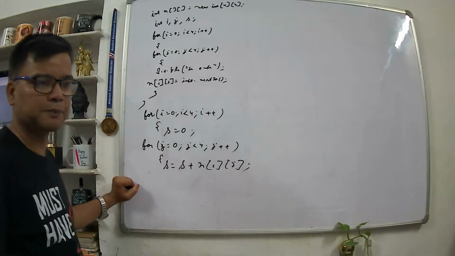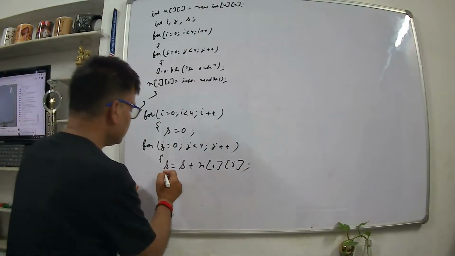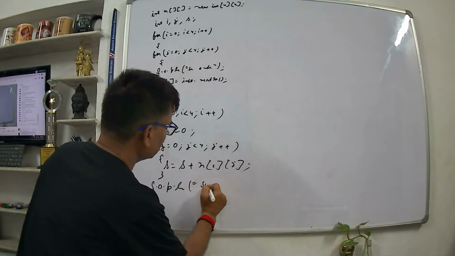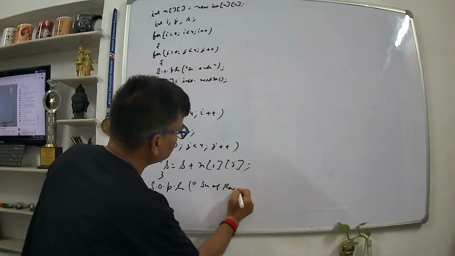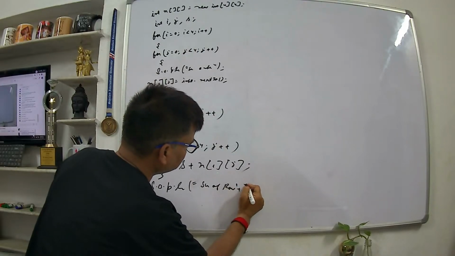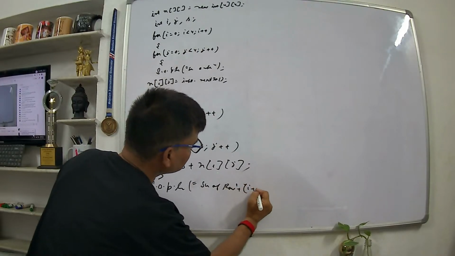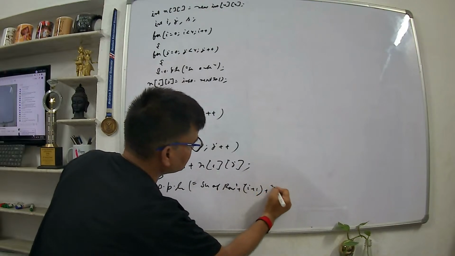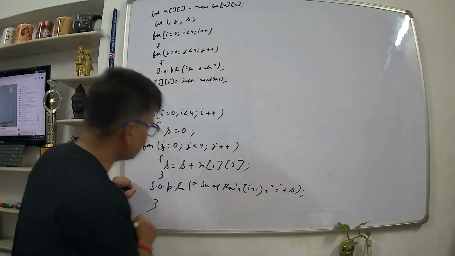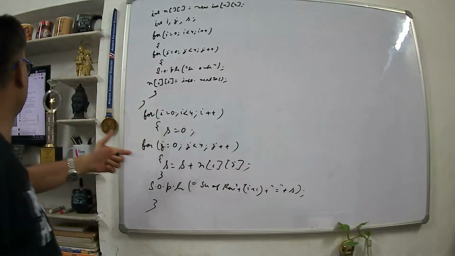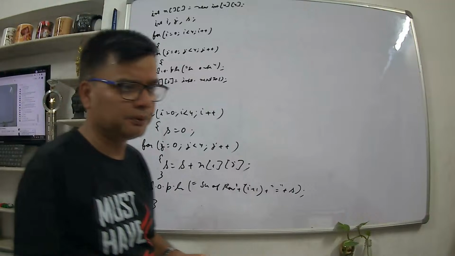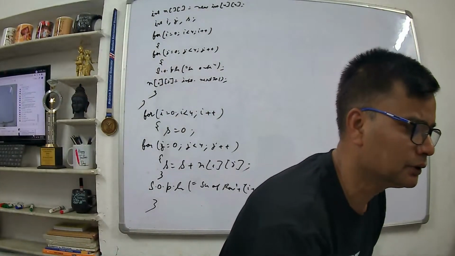And then I'll print System.out.println, sum of row plus (i plus 1) plus equal to plus s. So every time a new row will come, its sum will be calculated and then it can be displayed. So that will be done when we are taking the sum.